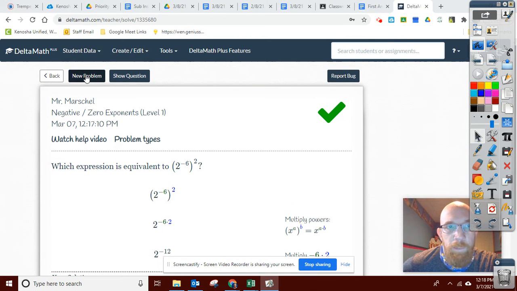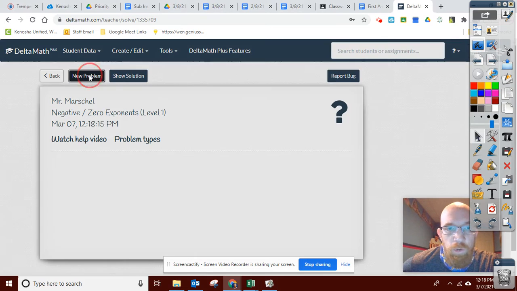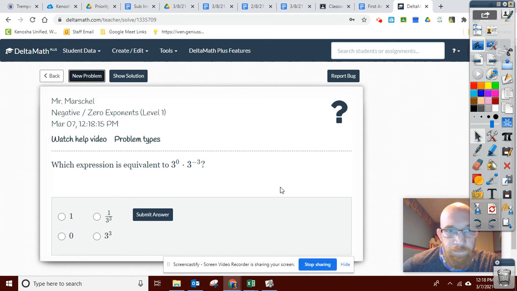Take a look at a new problem, and now I'll let you guys decide which one is the correct answer. Okay, so which expression is equivalent to this? Please take a look at the rules and decide. All right, again, we have same bases and we're multiplying, so we have to apply that rule.